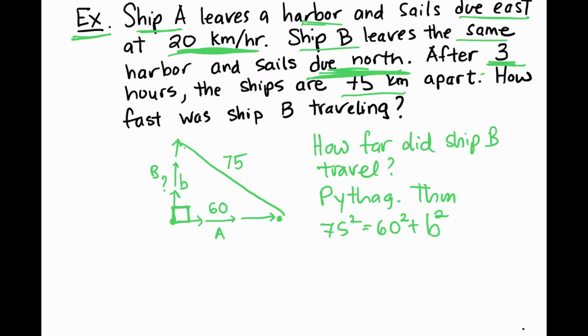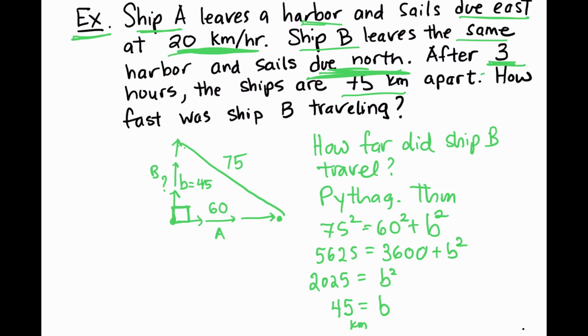If we solve this, we have 5,625 is equal to 3,600 plus b squared. So b squared is equal to 2,025, and this gives us b is equal to 45 kilometers.